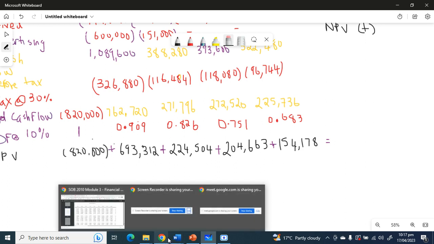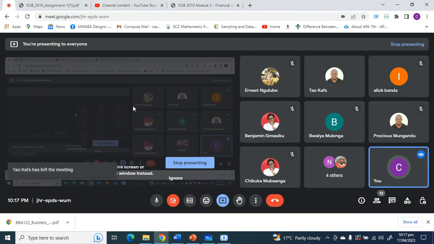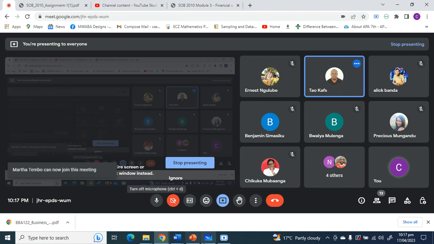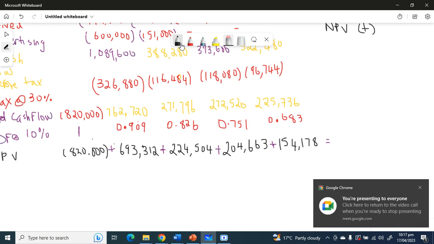Since we are purchasing, the reason it's negative is because you are purchasing equipment, so it means some money is coming out of your pocket. That's why I'm putting it as a negative. Then these positive values, this is money coming into your pocket.